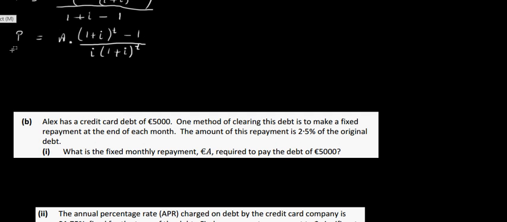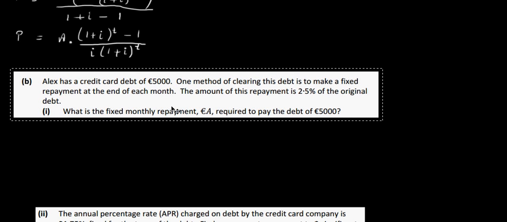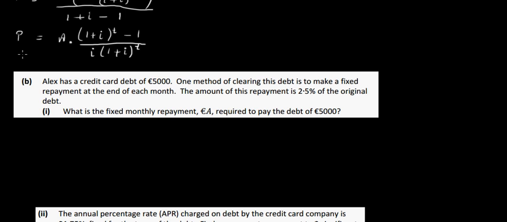Let me just move this up a little bit, to give me some room here. Now, Alex has a credit card debt of 5,000 euros. One method of clearing this debt is to make a fixed repayment at the end of each month. This repayment is 2.5% of the original debt. What is this fixed monthly repayment?